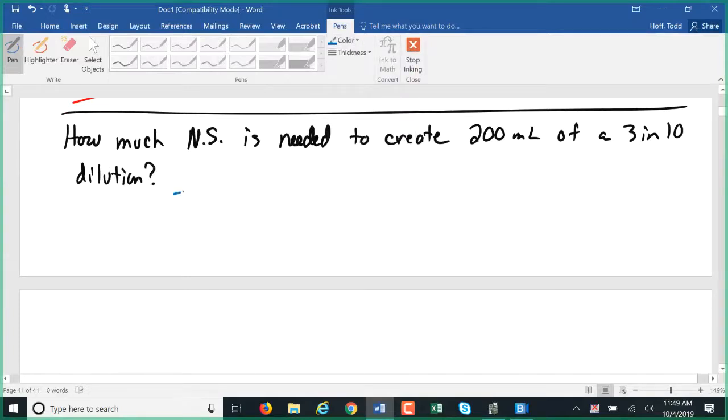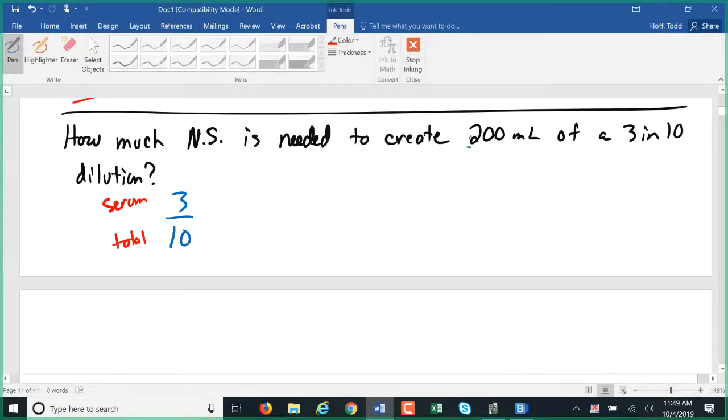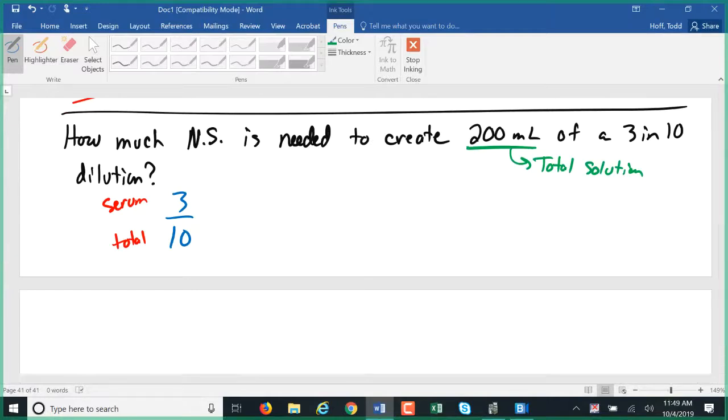Well, remember 3 in 10, 3 is the serum, the 10 is the total solution. We want total solution. We have the 200 milliliters, that does represent the total solution. But we don't want the serum. Now we could find the serum and subtract that from the total solution.